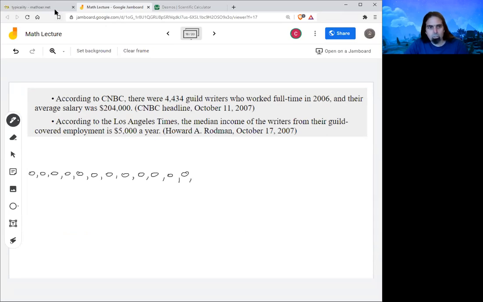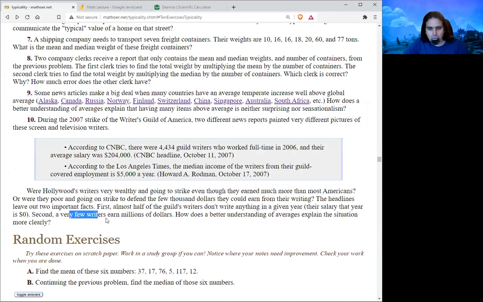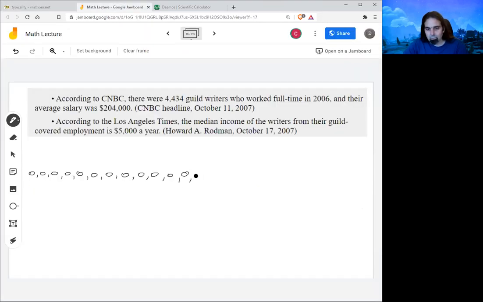Then of the others, a very few writers write the next Hollywood blockbuster and earn millions of dollars. So you'll have something like 500s. They just wrote a little bit of something, and some thousands, and some 5,000s.